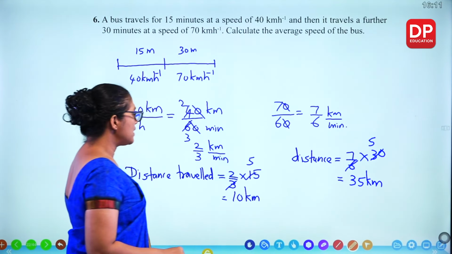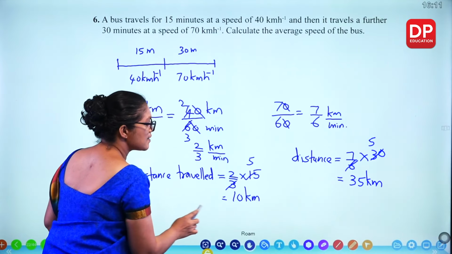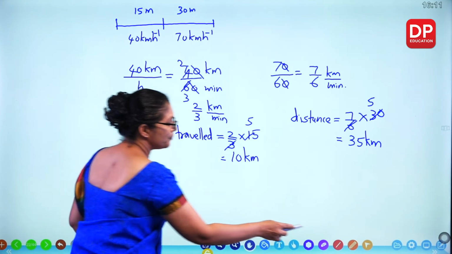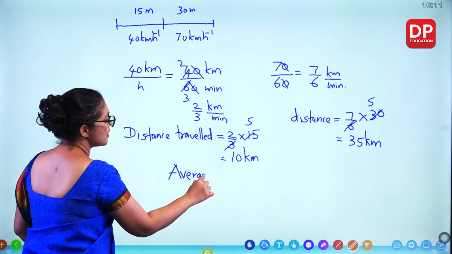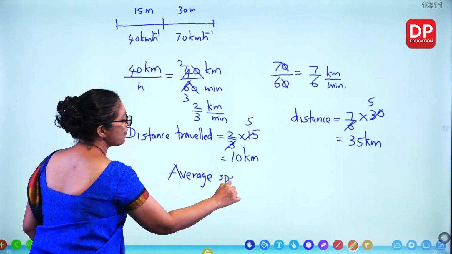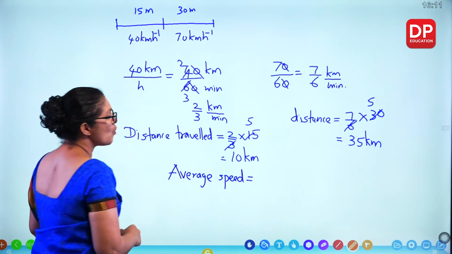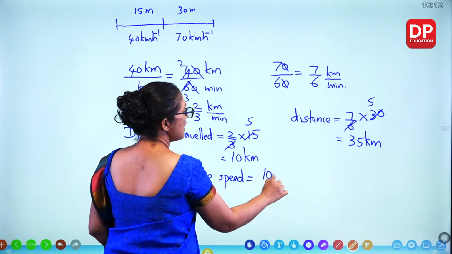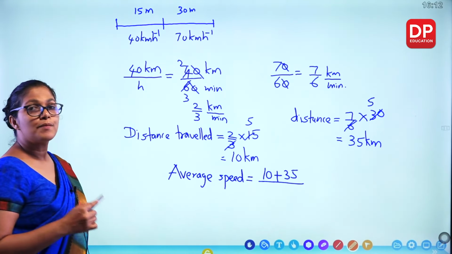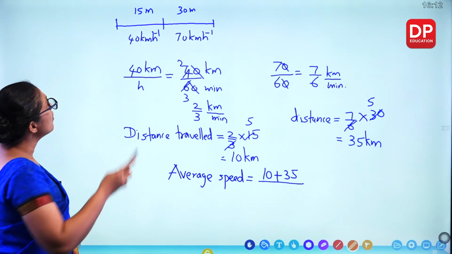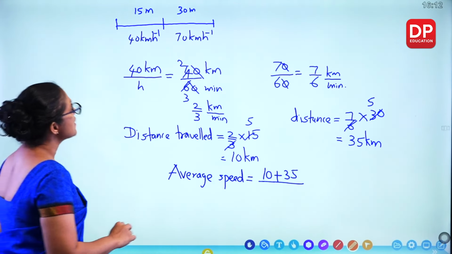Now we know total distance traveled is the sum of these two. So we can write down average speed is total distance 10 and 35 divided by the total time taken for traveling. Total time is 30 plus 15.